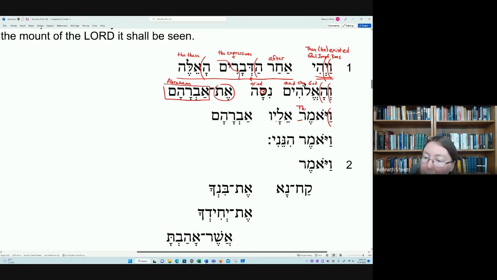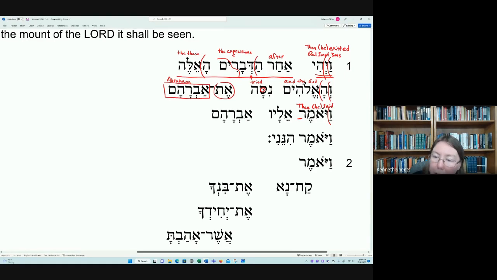So then he said, elav. Here you can see that we have the preposition el, and then we have the av, which is going to be the third masculine singular pronominal suffix that we were going over last week. So to him. So then he said, so God said to him, to Abraham, Avraham. And that's what he said then. Abraham.